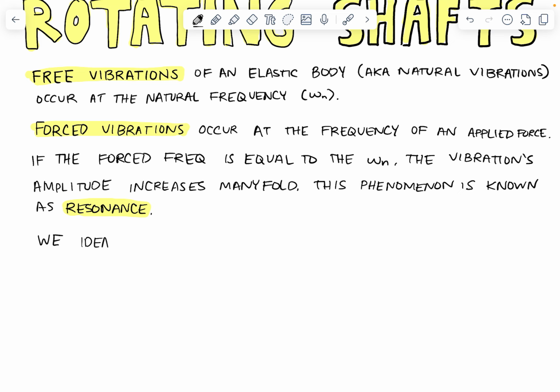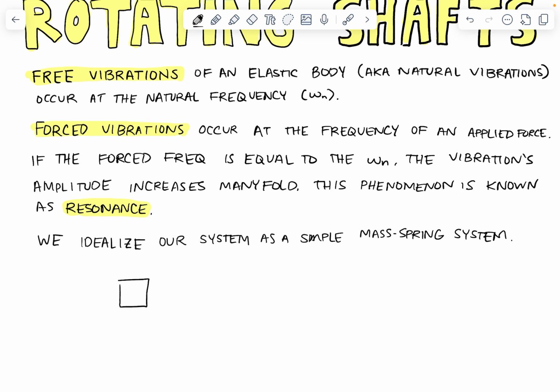So to figure out the natural frequency of the shaft that we're designing, we can idealize our system as a simple mass spring system. If you've taken a dynamics class, you definitely should have seen something like this before.